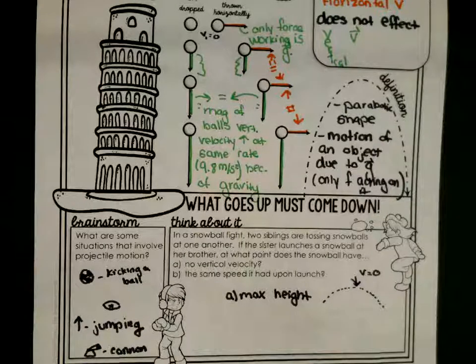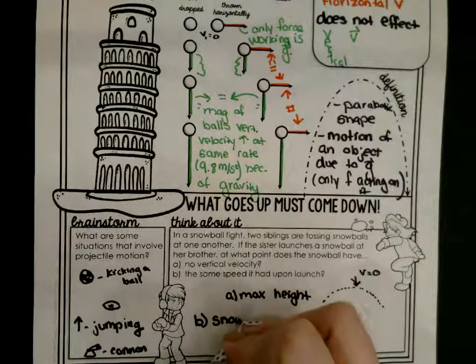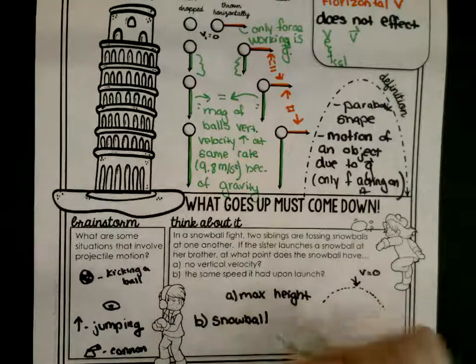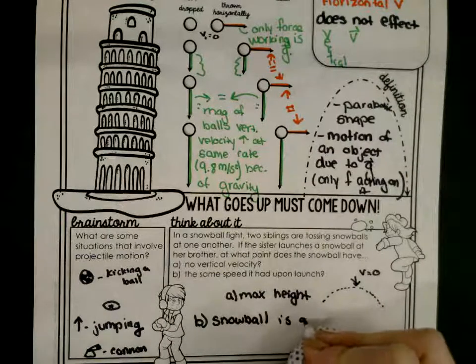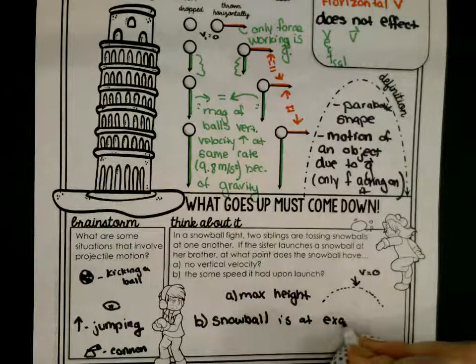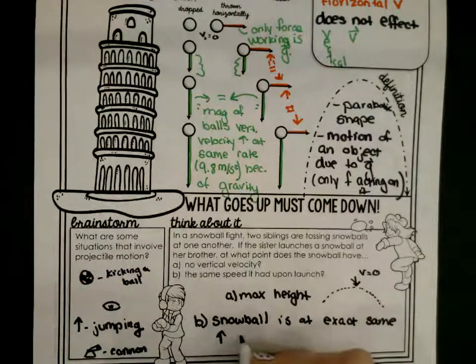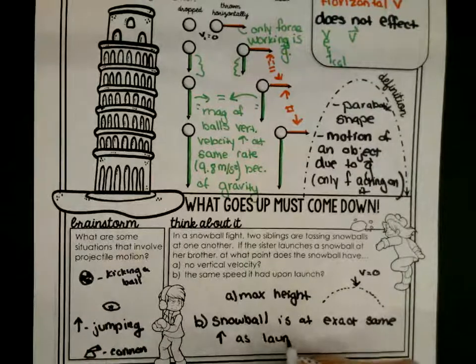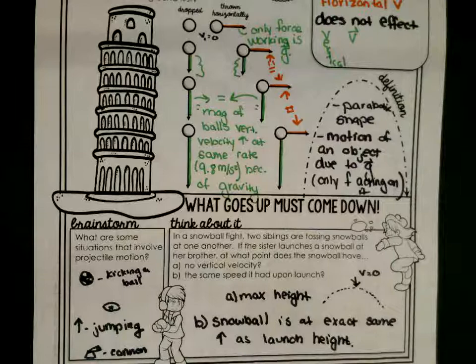So the speed is the same when the snowball is at the exact same height as the launch height. And those are just some critical thinking questions to get you going.